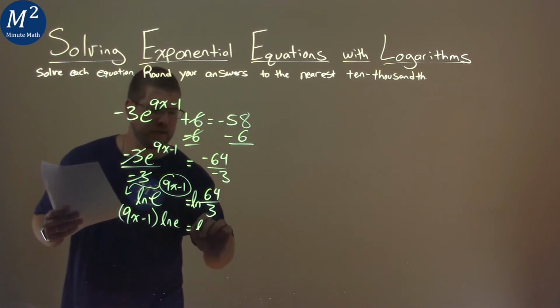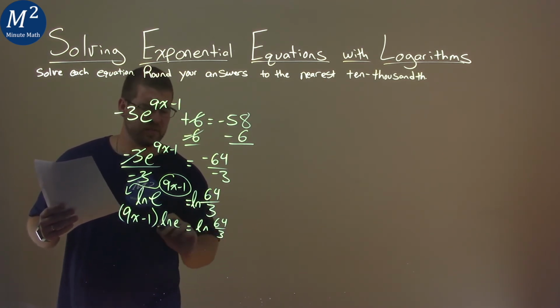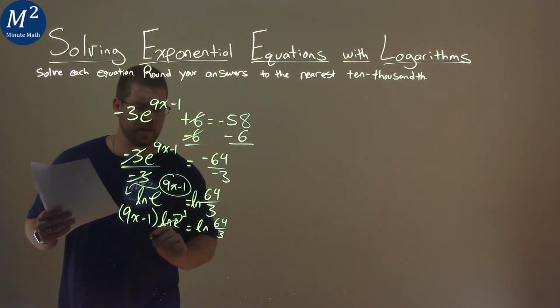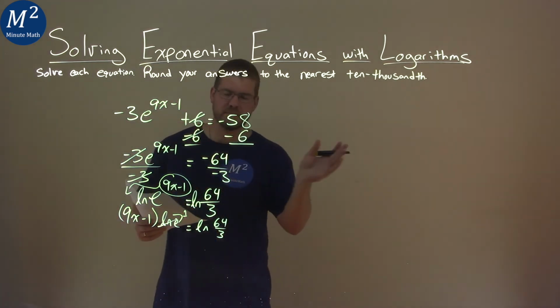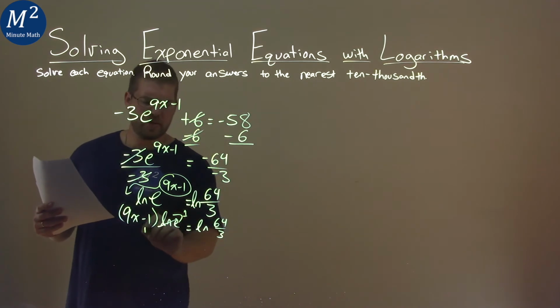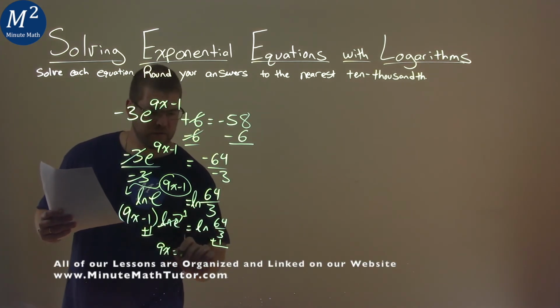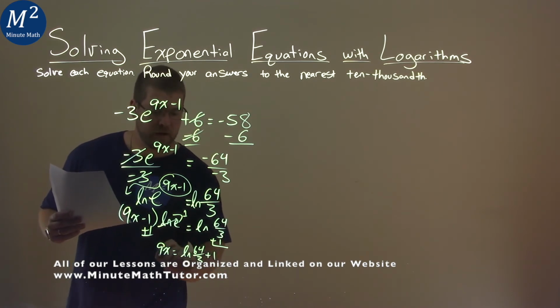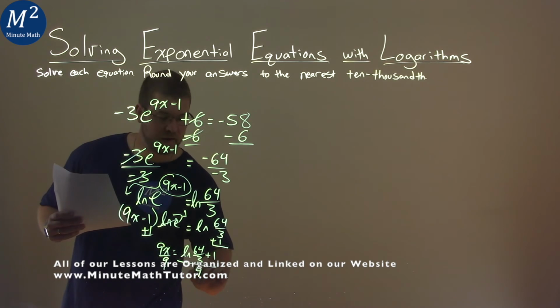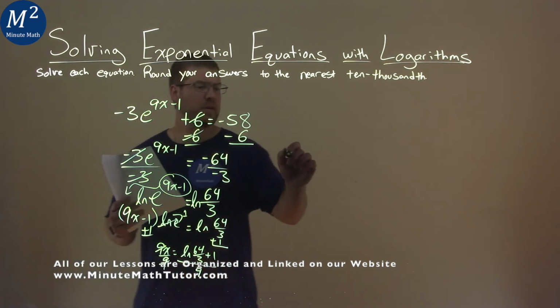And that's equal to natural log of 64 over 3. Well, natural log of e is just 1. Don't really worry about that, and 1 times anything, get rid of it. So now I just add 1 to both sides here. So I have 9x is equal to natural log of 64 over 3 plus 1. Divide both sides by 9, and x is all by itself.